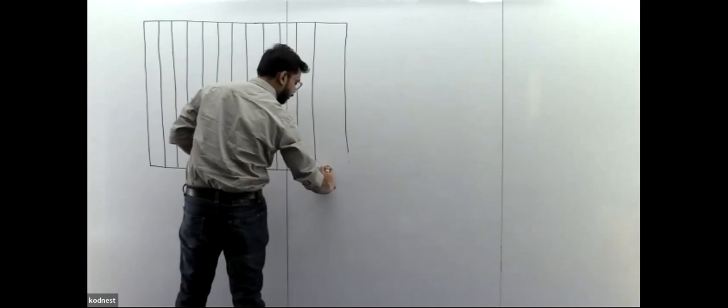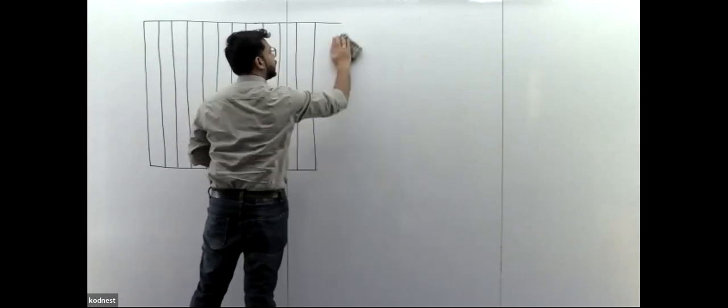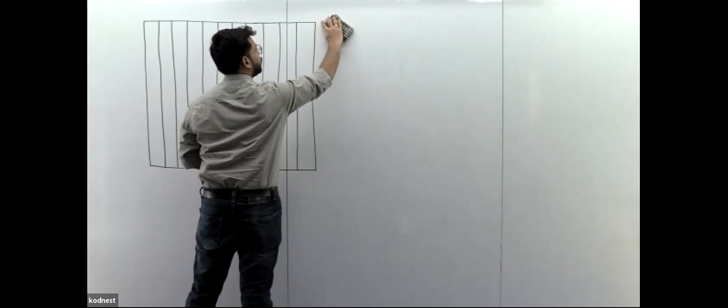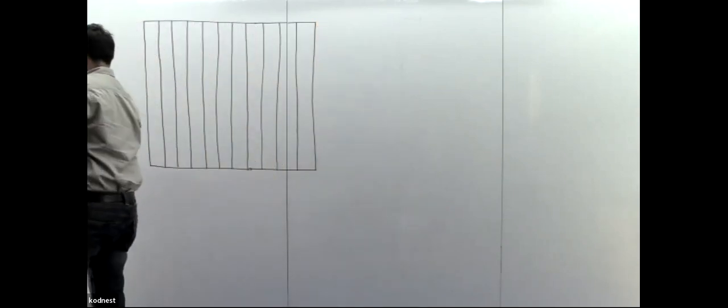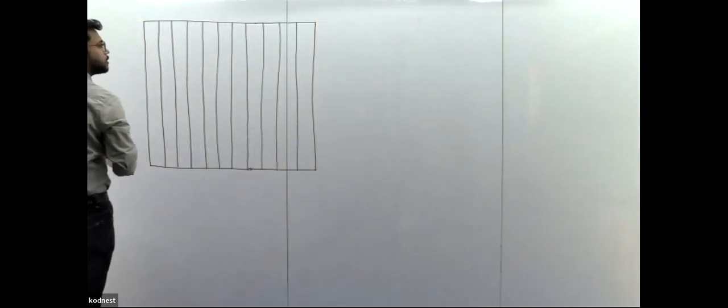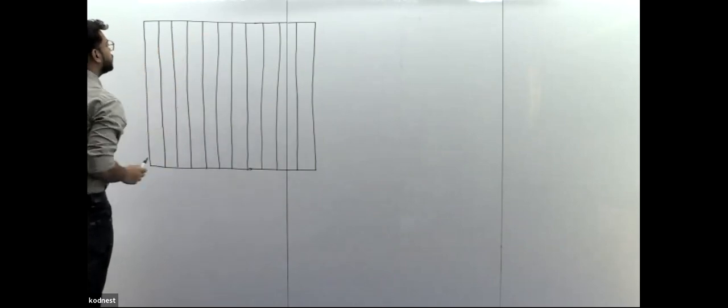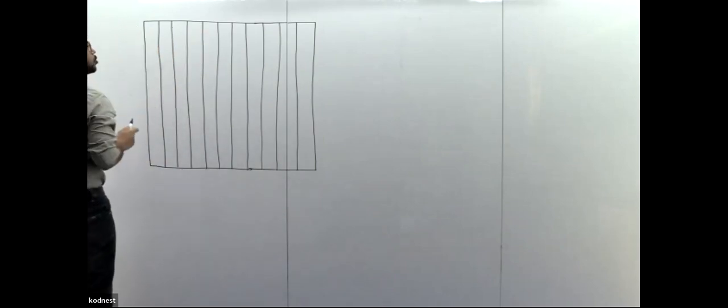Don't come to any conclusion. When I tell you, that time you can come to a conclusion. Till that time, just keep watching like a movie is going on. So like this, totally I have 11 columns. With that, I will create rows also.